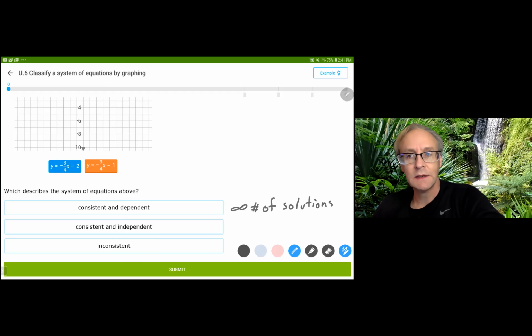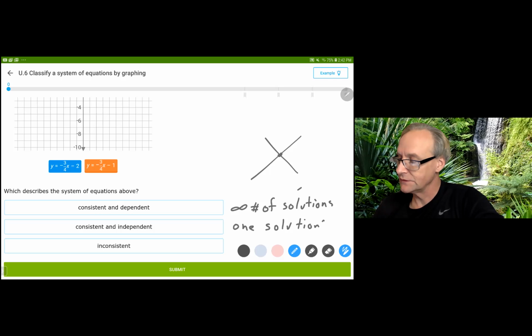Consistent and dependent mean that they are two lines that are on top of each other, or basically the same exact equation. Consistent and independent has one solution, and that is a pair of independent equations that just has one solution.